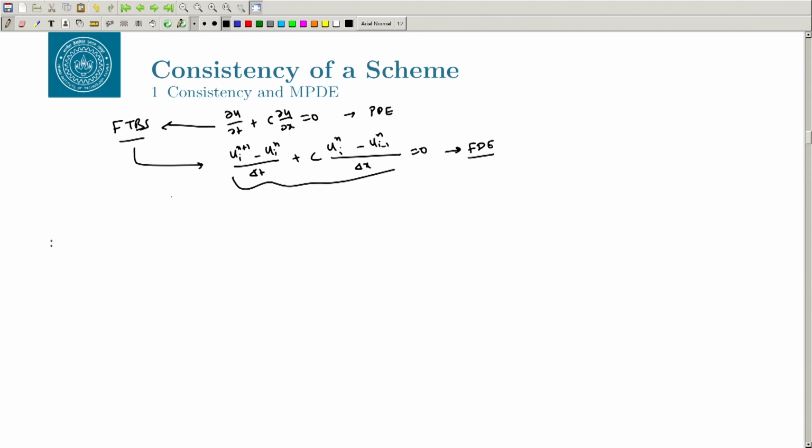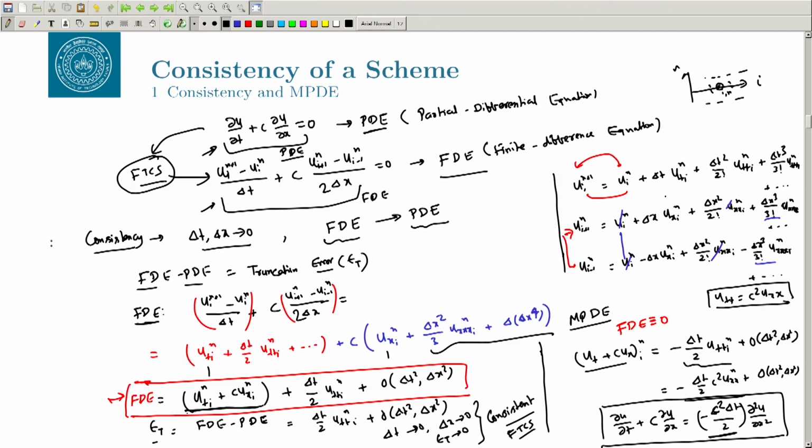On the left hand term, which is the FDE, we will expand in terms of Taylor series. We have already written the Taylor series here, so we can make use of this to get the terms.